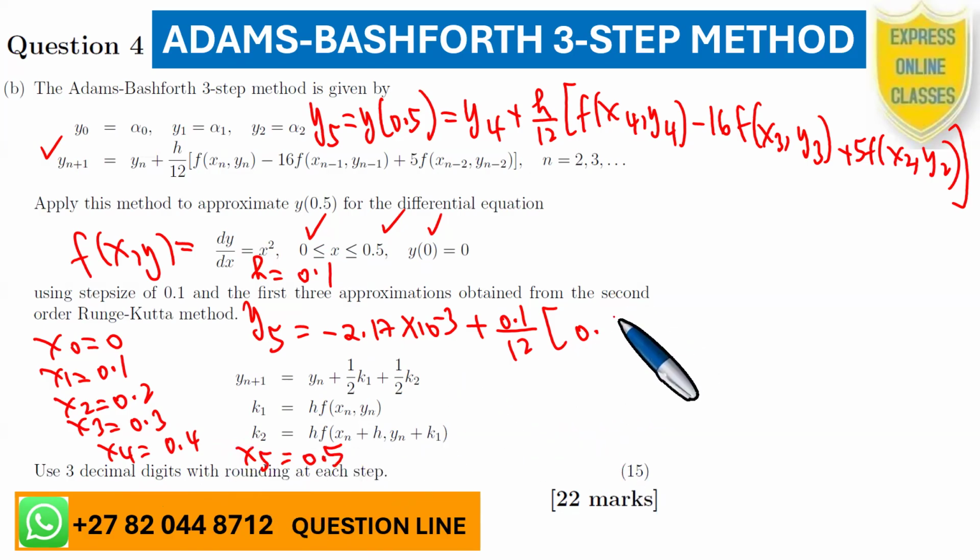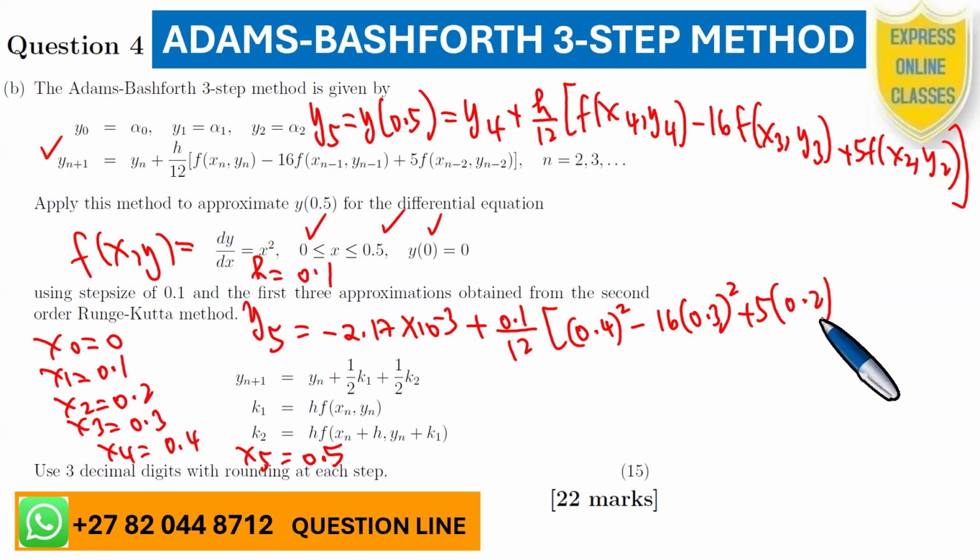X4 is 0.4, you square it. 16 times x3, which is 0.3, and then x2 is 0.2.